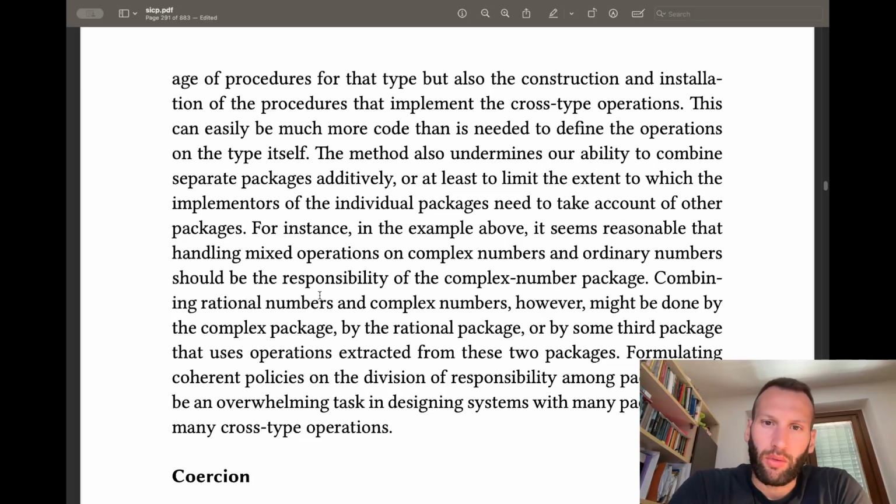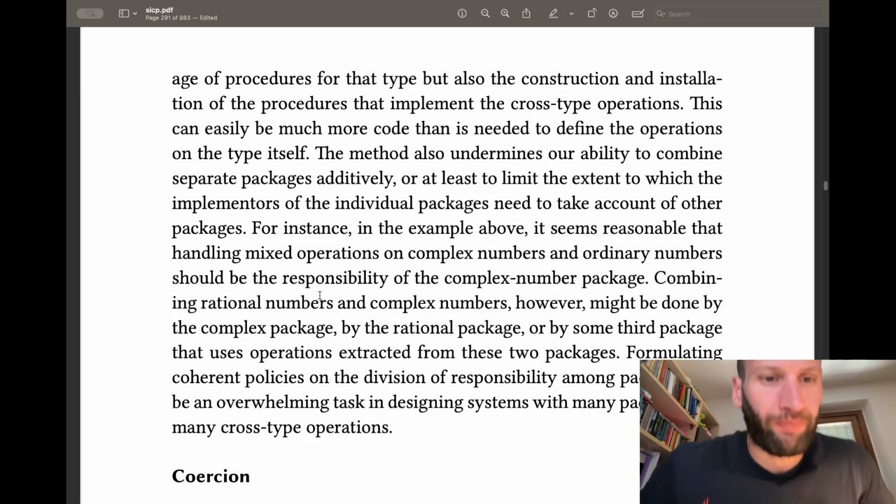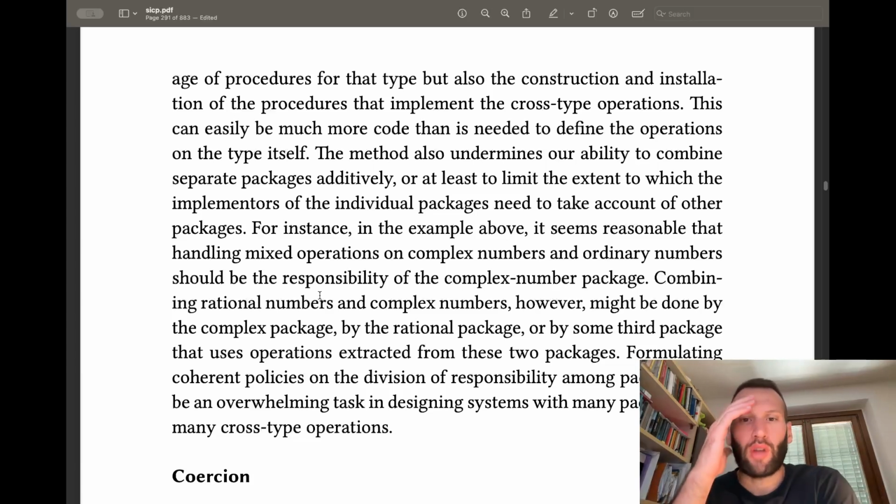The method also undermines our ability to combine separate packages additively, or at least to limit the extent to which the implementers of the individual packages need to take account of other packages. For instance, in the example above, it seems reasonable that handling mixed operations on complex numbers and ordinary numbers should be the responsibility of the complex number package.